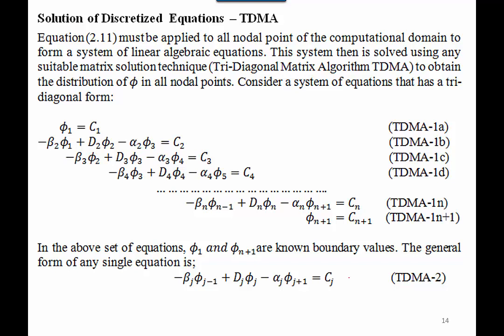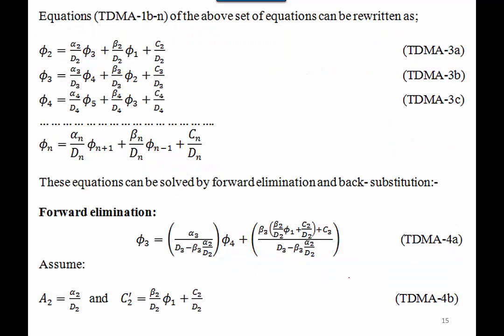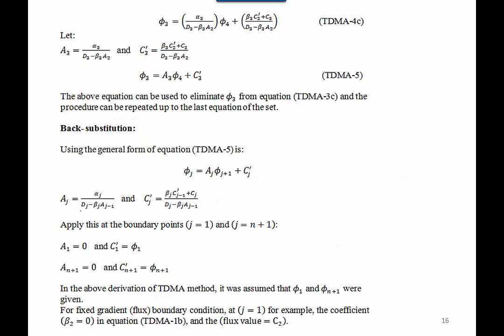So you can study this method by watching these slides. As you see, we used here the forward elimination technique, and then we will use back substitution in order to reach our final destination, which is the solution of phi at each nodal point.